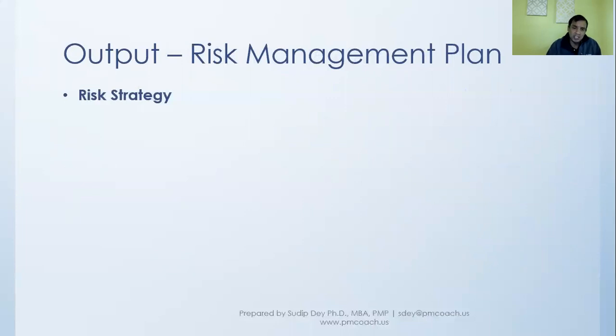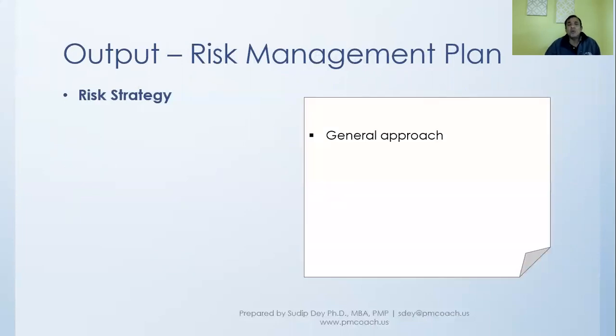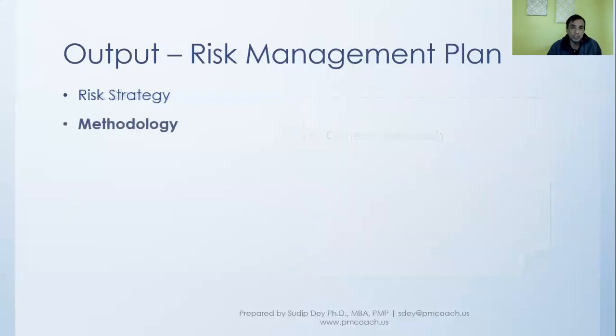One is the risk strategy, which is really the risk approach. For example, on some projects we might say we'll just have qualitative risk, we'll not do any kind of quantitative risk. So what are the different approaches we'll take? This is what we'll talk about in this strategy.